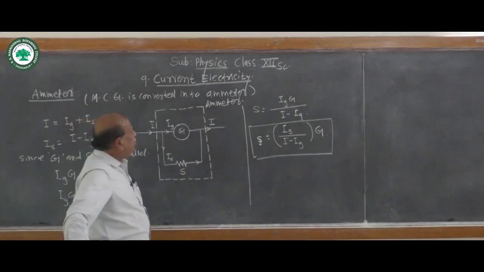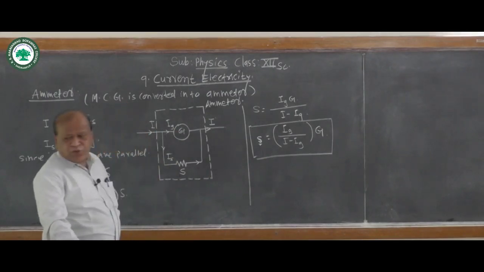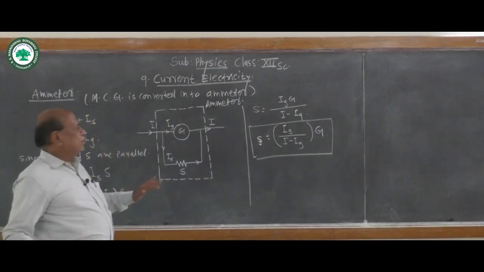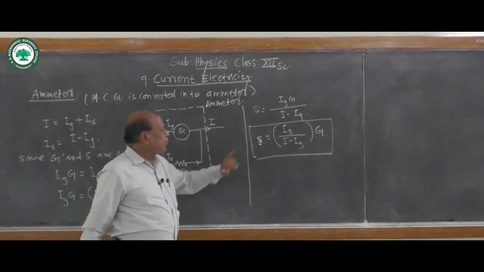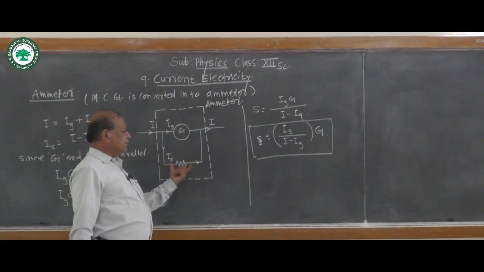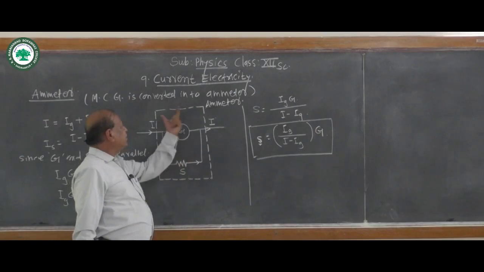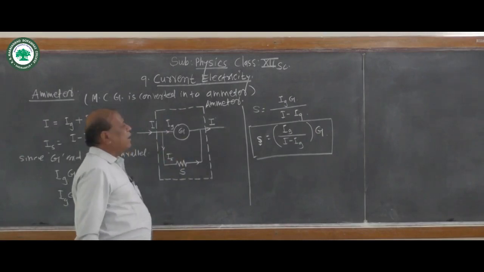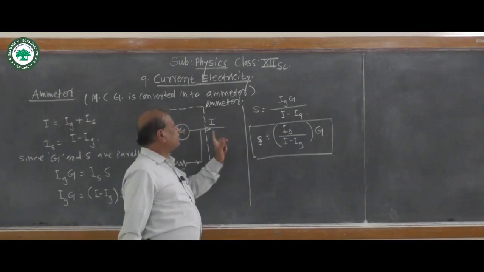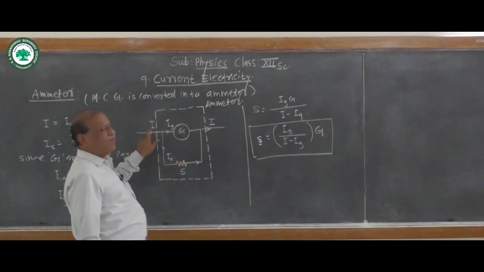In this way we can convert the moving coil galvanometer into an ammeter. Then we get the ammeter which measures current up to a maximum value of I.